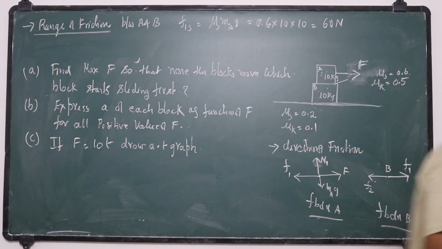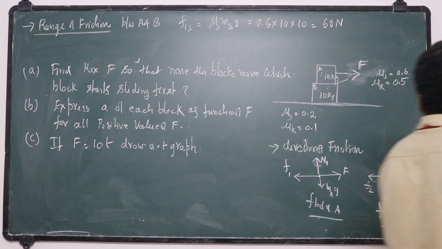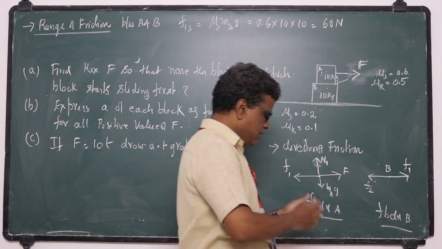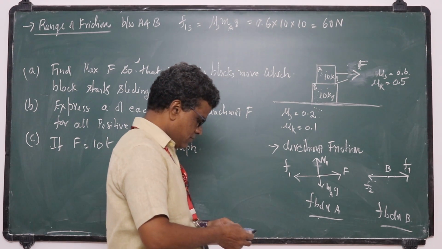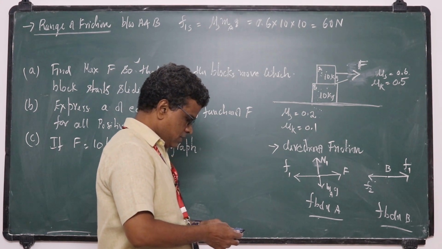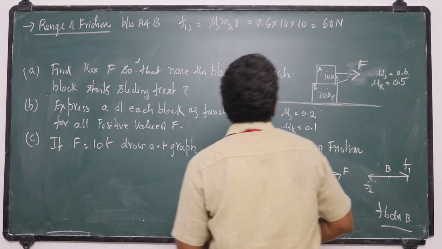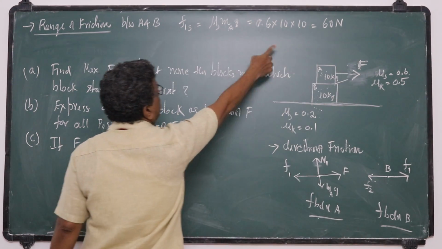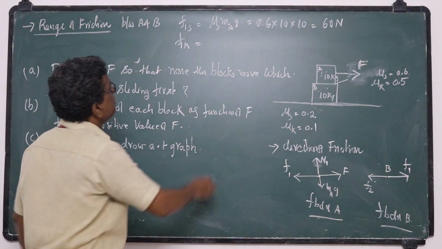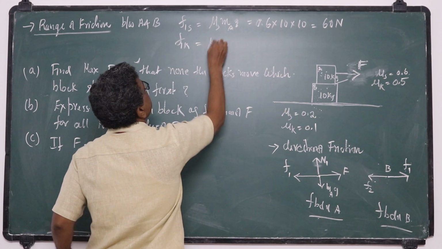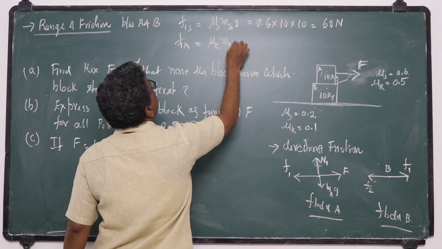Here, in this problem you assume g is 10. Okay, let it be 10. Now what is the kinetic frictional force? Kinetic frictional force is mu k into mass of A into g.